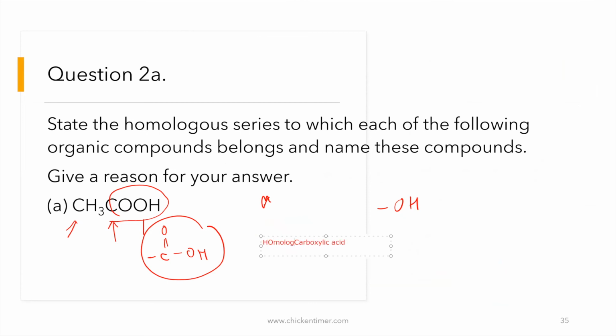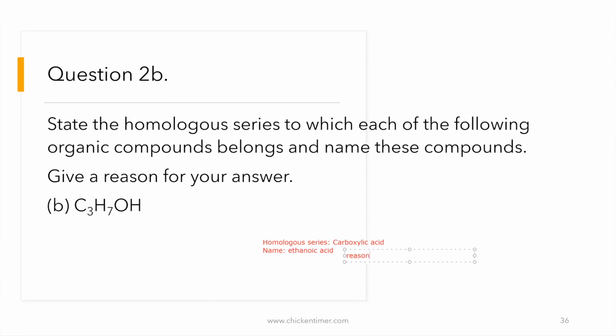Why is it capital H and O? Typo. Then the rest are small letter. Typo. Then the name is ETHANOIC acid. Then they say give a reason, because it has the COOH functional group. Reason: it contains the COOH.